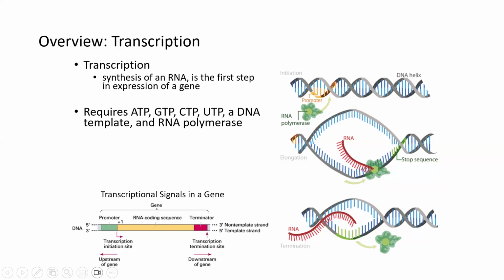We'll talk more about this in a little bit: there's a promoter, a transcription initiation site like this one here, then the RNA coding sequence, and then a termination sequence. That's basically what a gene looks like for the most part. In transcription, these NTPs are required, a DNA template, and an RNA polymerase instead of a DNA one.